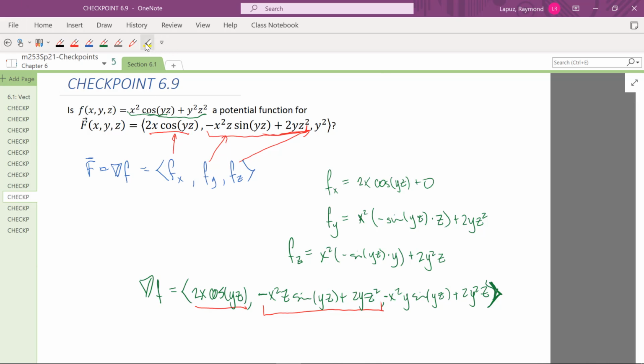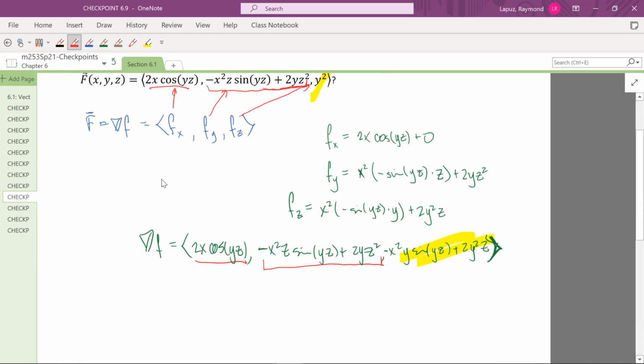However, the third component looks completely different, and therefore this is not a match, so not a potential function. So f is not a potential function for the vector field F, capital F.